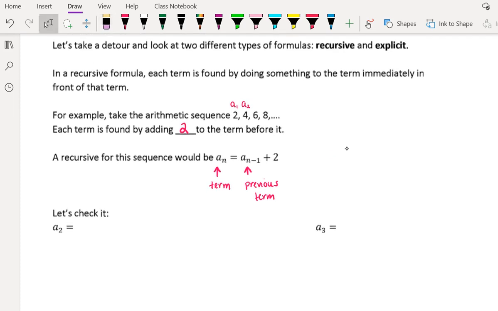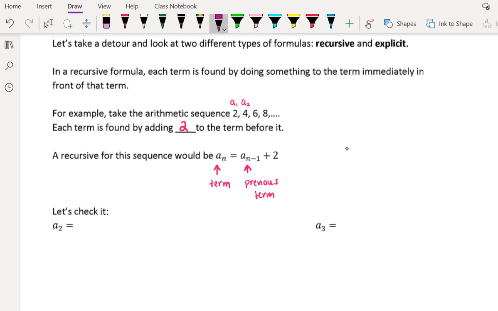So a sub 2 is equal to whatever a sub 1 is plus 2. Well, a sub 2 was 4. The first term was 2. And if I take 2 plus 2, I get 4. So is 4 equal to 4? Yes, it is.